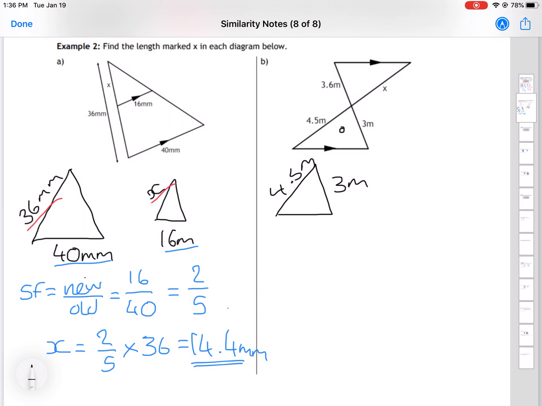And the next one then, I am going to flip this triangle round so that the parallel line becomes the base. Now in this case, x is going to be on the left hand side and 3.6 will be on the right hand side. I've flipped the triangle right the way around, I've rotated it all the way around to create that.